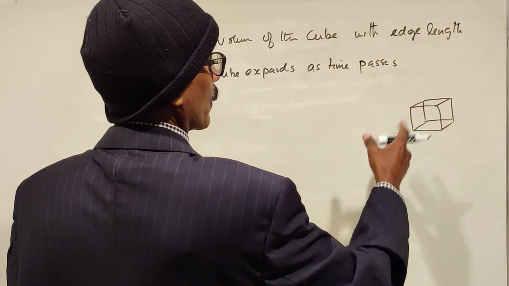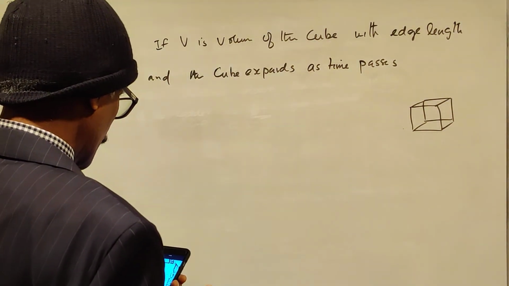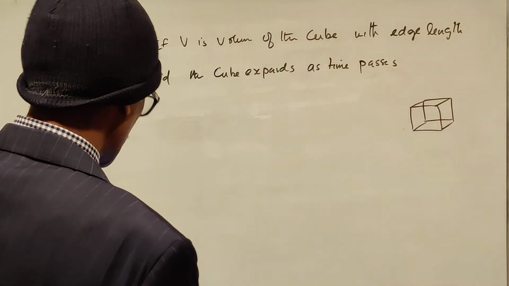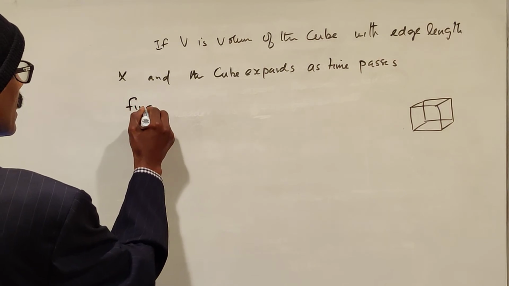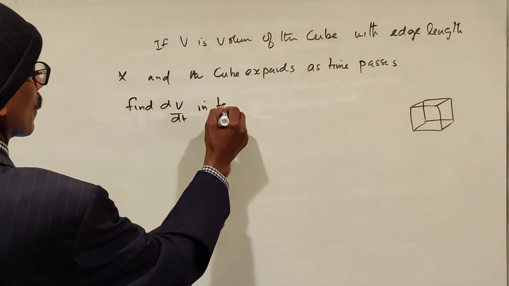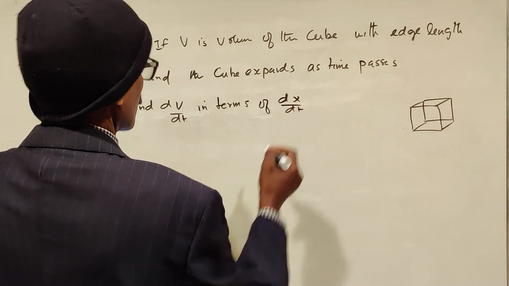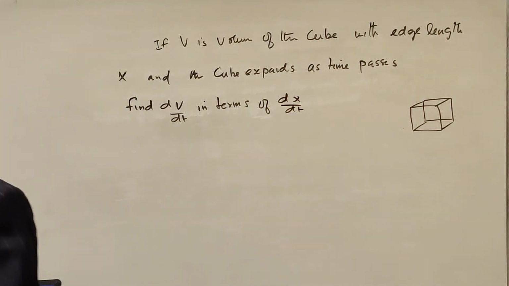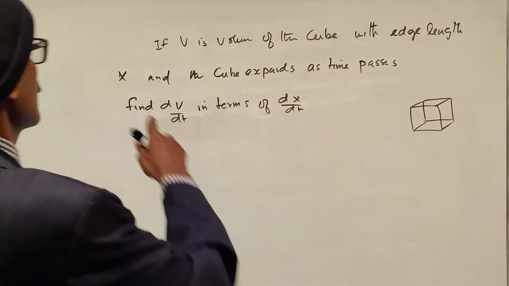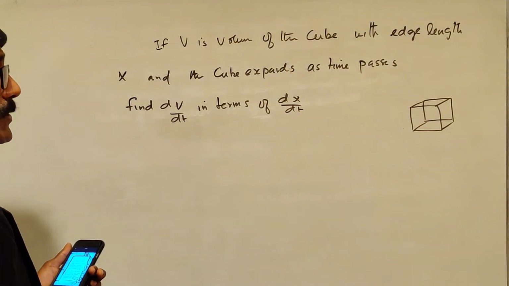It's a balloon, you know, the shape of a cube. Cube expands as the time passes. Find dV by dt in terms of dx by dt. Okay, this is the question. If V is the volume of the cube and the edge length is x and the cube expands as the time passes, find dV by dt in terms of dx by dt.